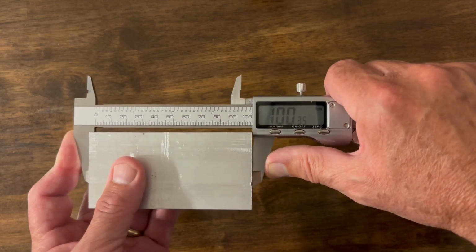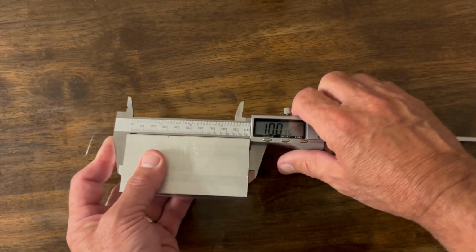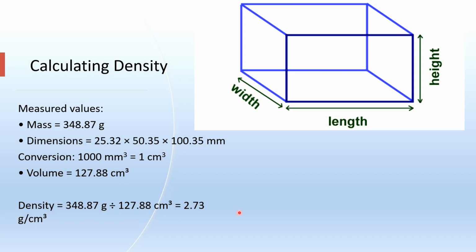So from this data, I can calculate the density. Now with the measurements in hand, let's calculate the density. The mass was recorded at 348.87 grams. The dimensions were 25.32 times 50.35 times the length of 100.35 millimeters.